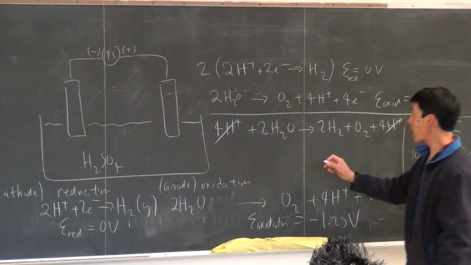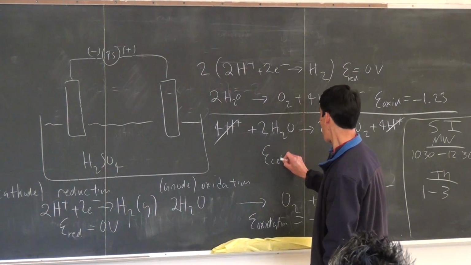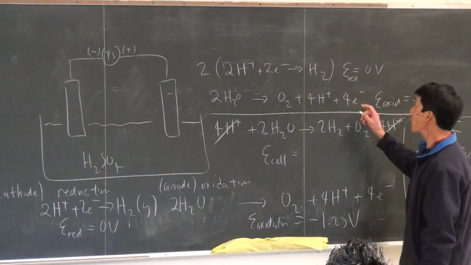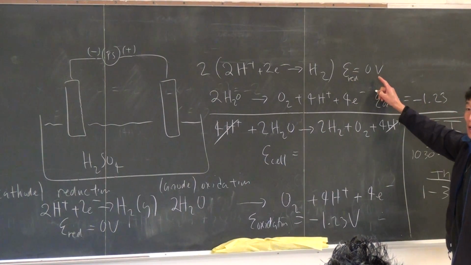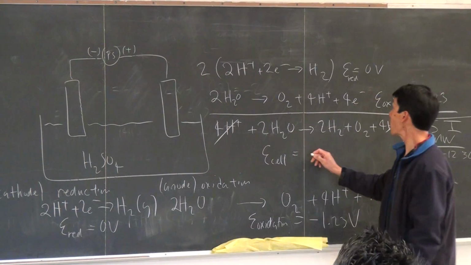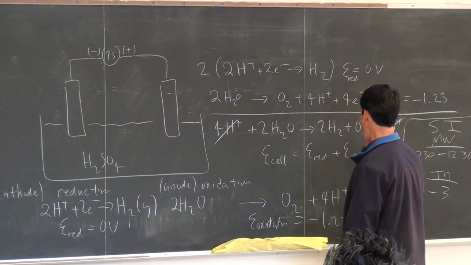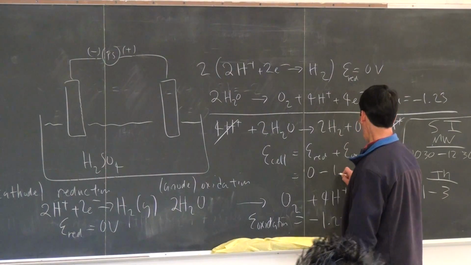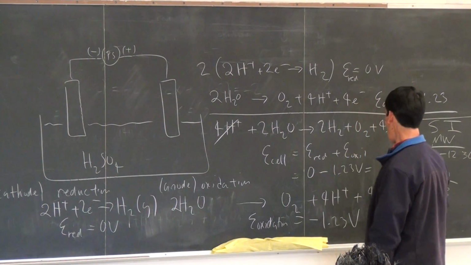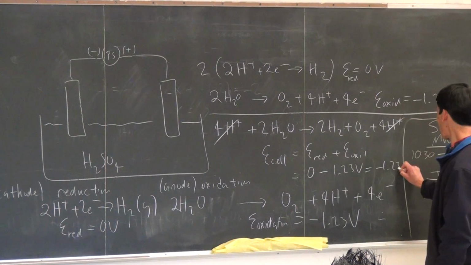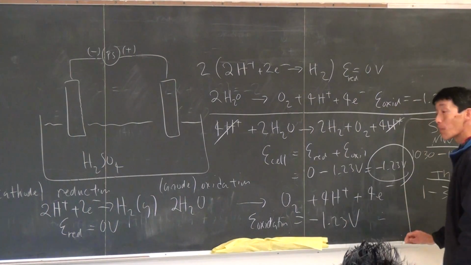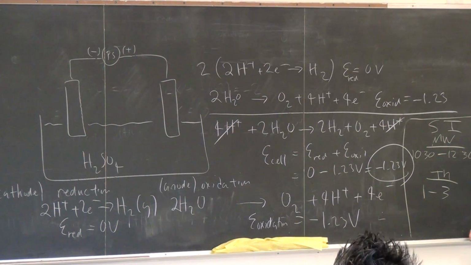And then for E cell, although we multiply this by 2, we don't multiply our reduction potential by 2. So for E cell, it's E reduction plus E oxidation. So that's going to be 0 minus 1.23 volts, and this is going to equal minus 1.23 volts. So this is the voltage that we need to apply to split water.